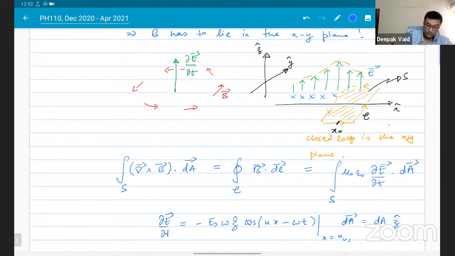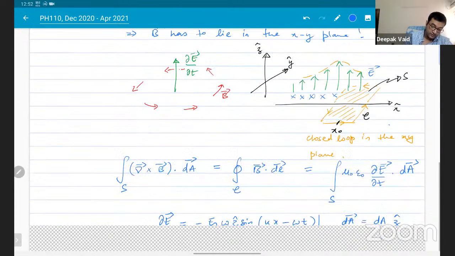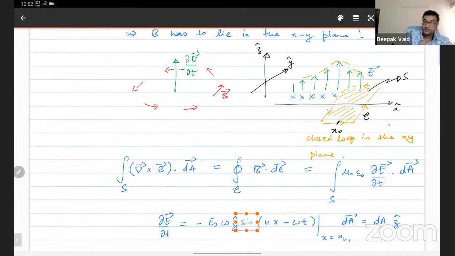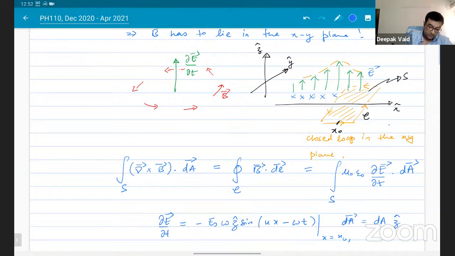I get E naught omega, sorry, not cosine, sine. Did I write sine here? Yes, I wrote sine. Sine kx minus omega t, right? Now, the magnetic field can be, let's say the magnetic field is going like this, B like this.